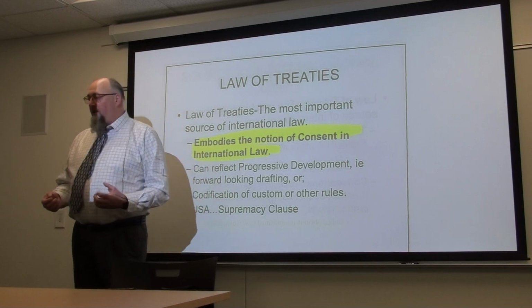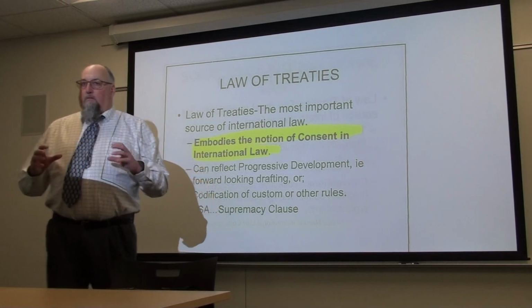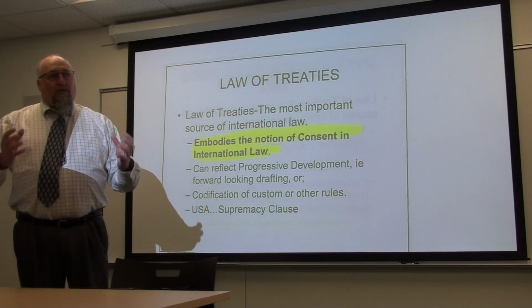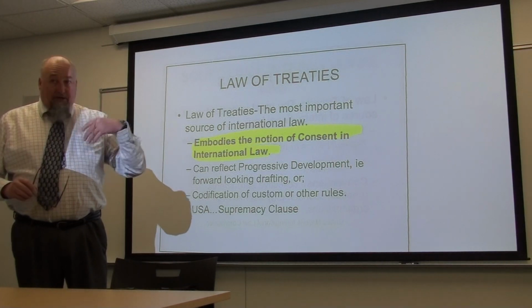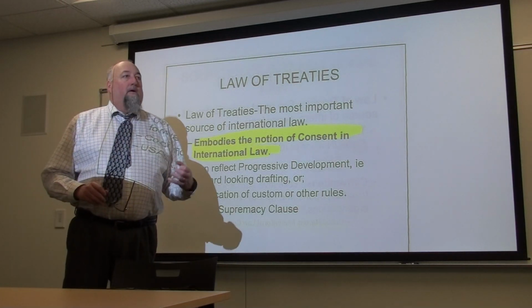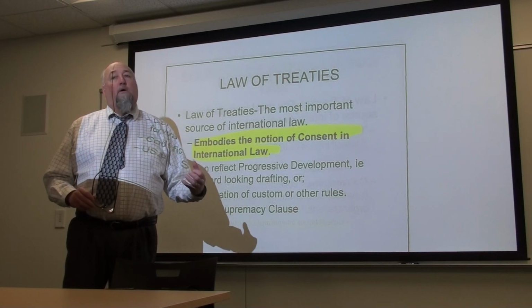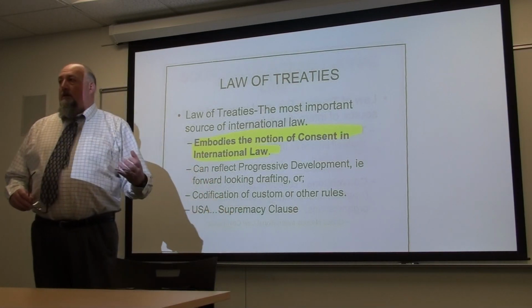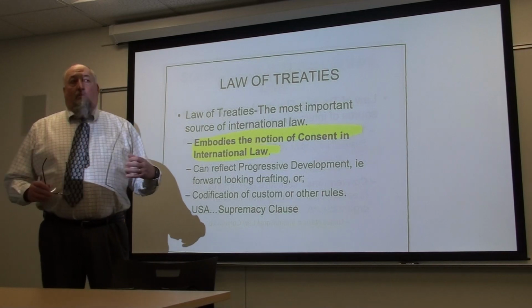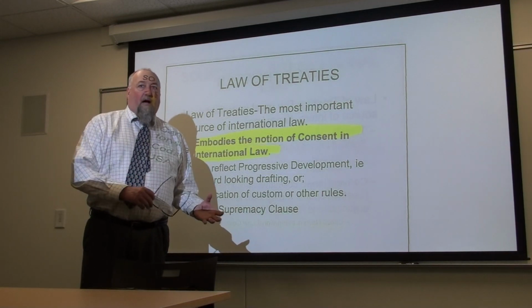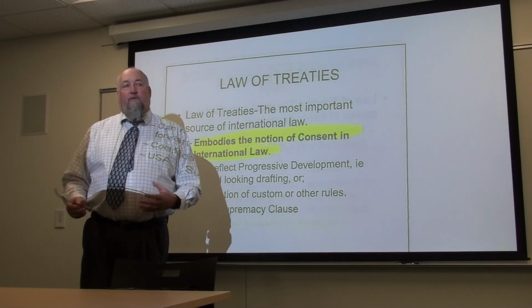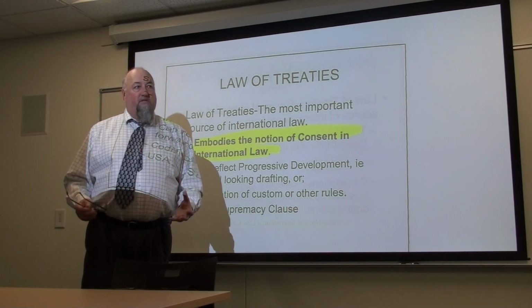And so the idea then is that by agreeing to the treaty, a sovereign state is agreeing to the terms of the treaty, which may include, in some cases, limiting what a sovereign could otherwise do if it was not constrained by the terms of a treaty.